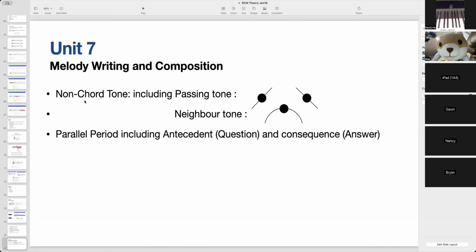This one is very hard to understand, but at a rudimentary level, we're going to go through very easy ones. For example, if the chord is do mi sol, it's C major, right? I'm going to draw this one here.